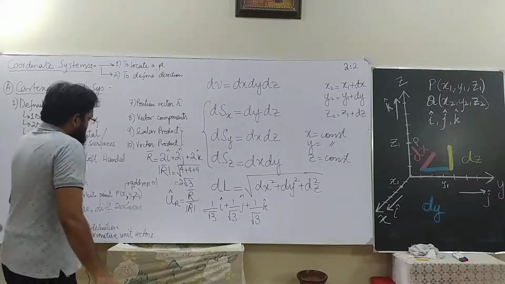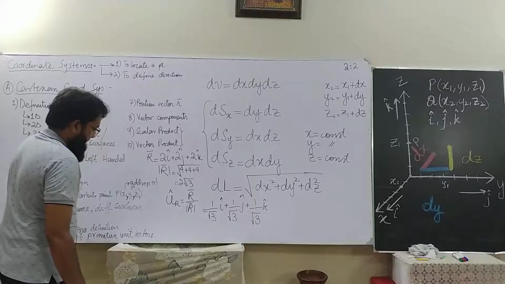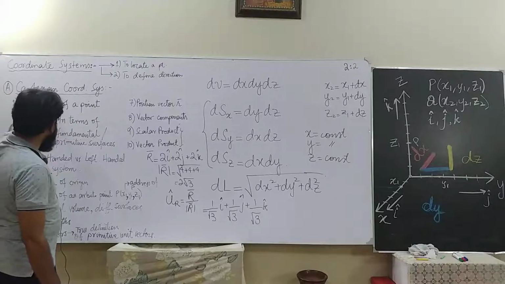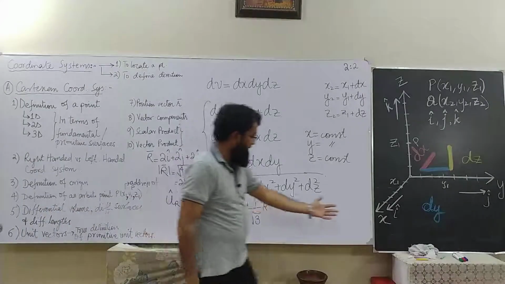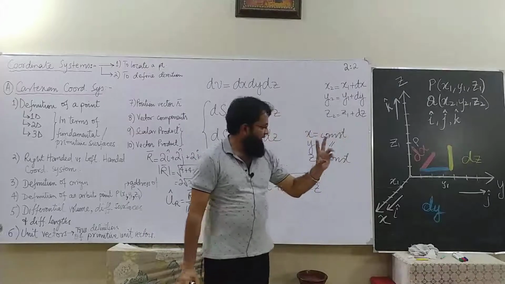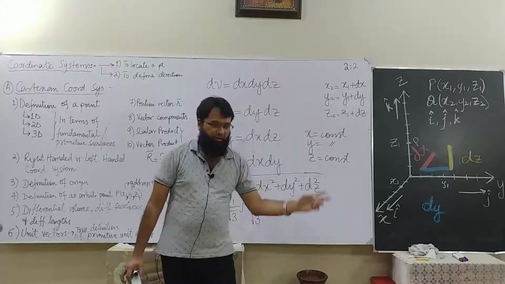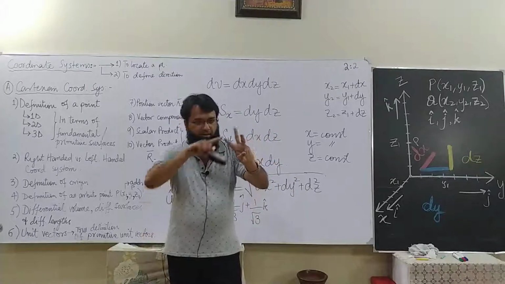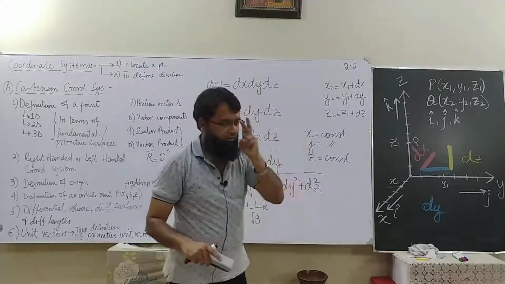And if we are talking about a three dimensional coordinate system, there will be 3 primitive unit vectors. The properties which I just told you about the primitive unit vectors: they've got unity magnitude.